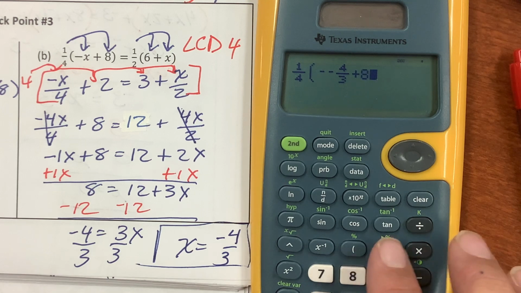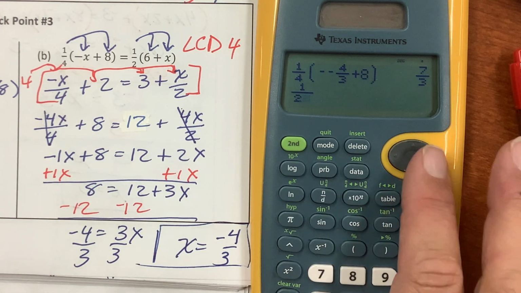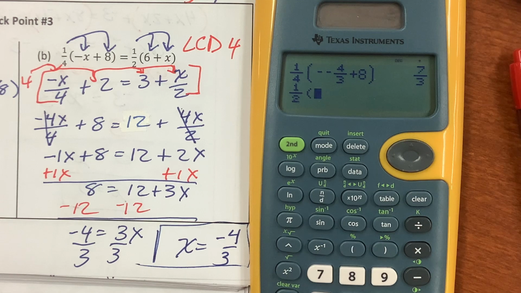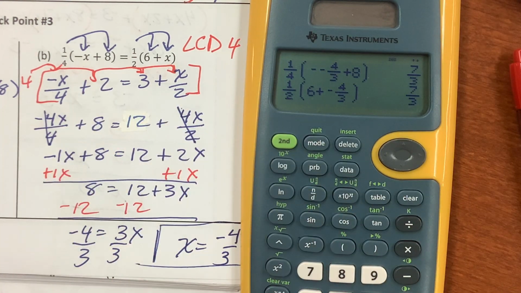Plus 8, then close the parenthesis, and you get 7/3. The next one, 1/2 parentheses 6 plus negative 4/3. Close that parenthesis, and you get 7/3. So all that, and you still get it right.